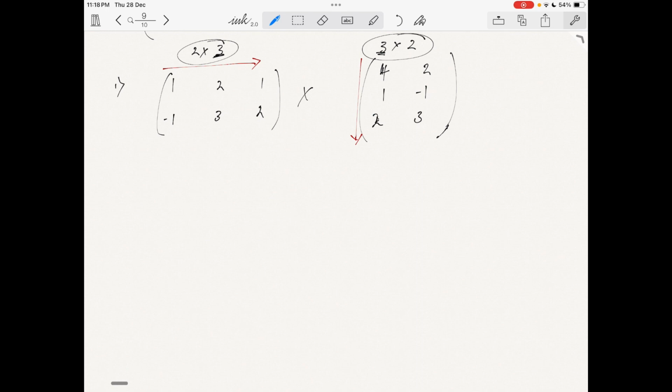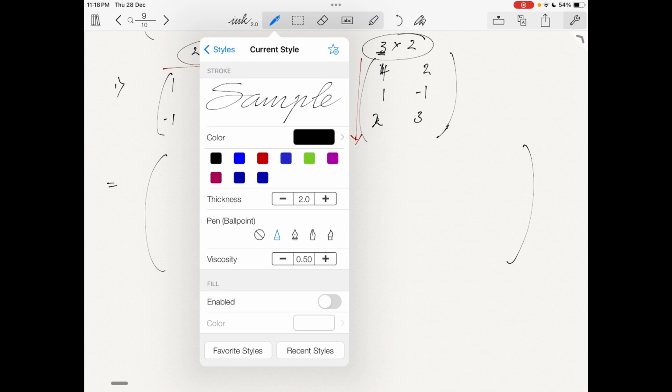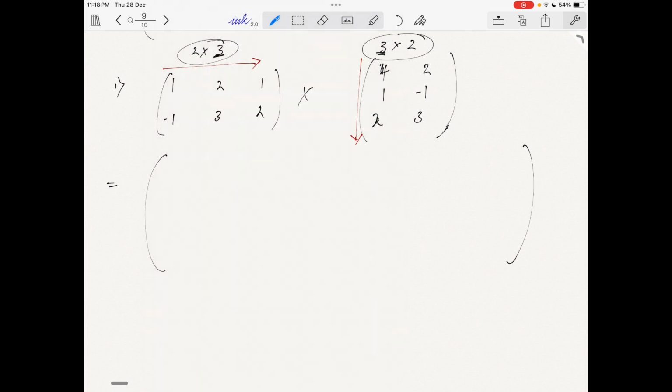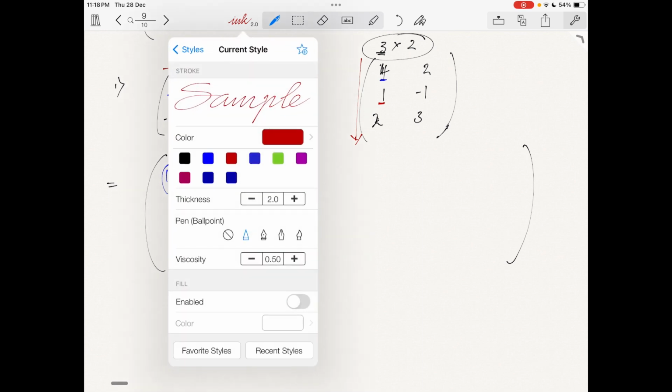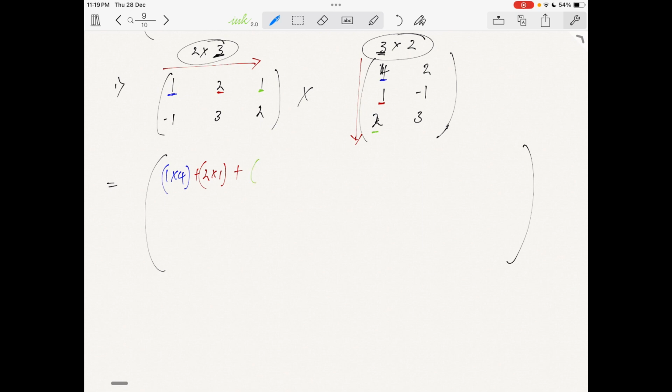So let's solve for the first row. To solve for the first row, we will take the first numbers together, that's 1 multiplied by 4, then plus 2 multiplied by 1, and we still have one more, like we've explained earlier, 1 multiplied by 2.